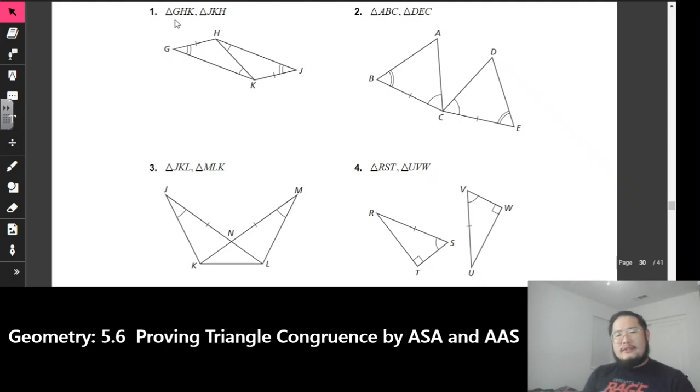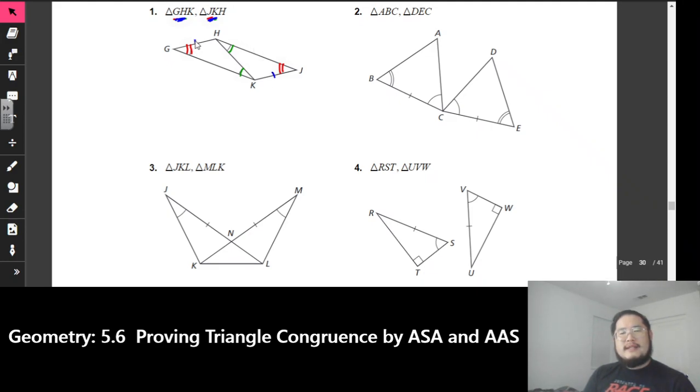So if I look at angle G, it needs to be congruent with angle J. So let's see. I look at G and J, those two are congruent. Okay, we have angle H, that's supposed to be congruent to angle K. Let's look on the diagram. We have H and K congruent. Excellent. And then we have GH. So GH is the first two letters of each of the triangle, and JK is the second two letters.